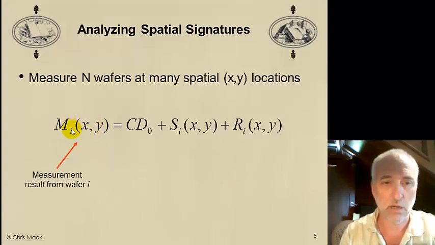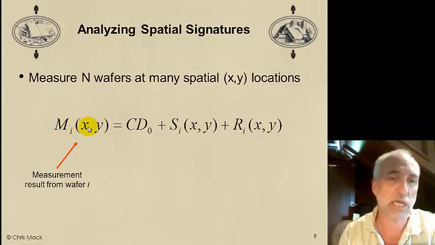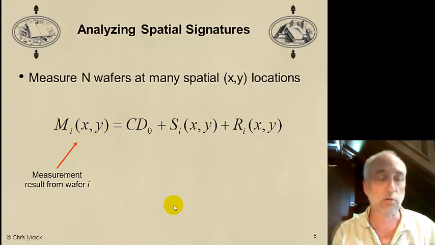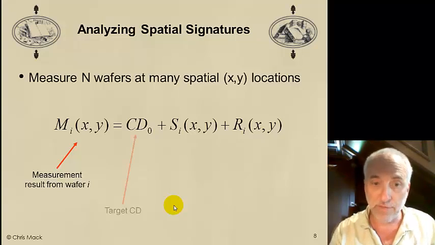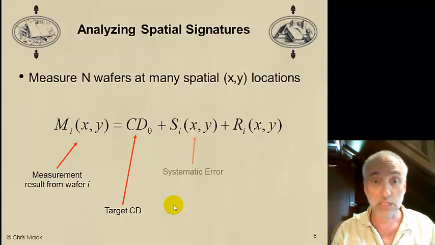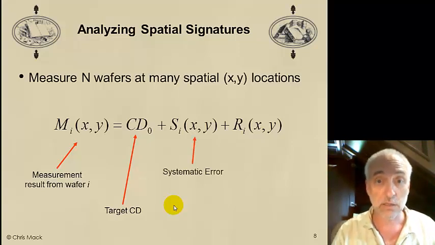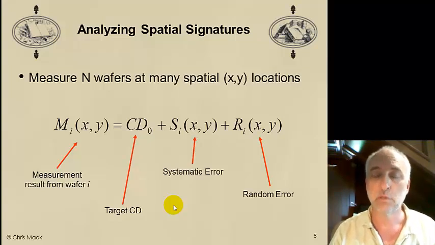Say I pick a wafer and I measure it, and I measure the CD at various XY coordinates across the wafer. That's my measurement. What does the measurement consist of? It is the nominal value of the CD, the target, the thing I'm trying to achieve, plus any systematic errors that have occurred in the printing of that wafer, and random errors.